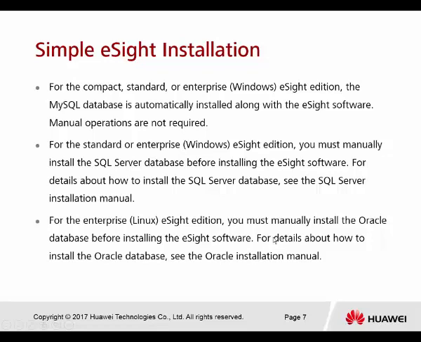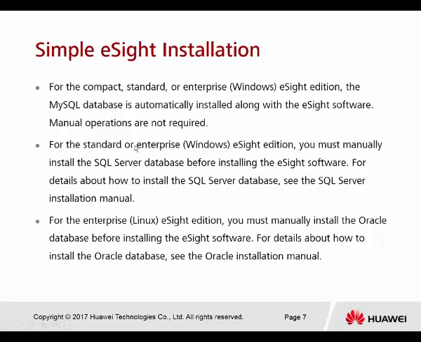Simple eSight installation for the compact, standard, or professional on Windows. For the compact edition, the MySQL database is automatically installed along with the eSight software. So when you are doing the installation, they will automatically install together, so manual operation is not required.